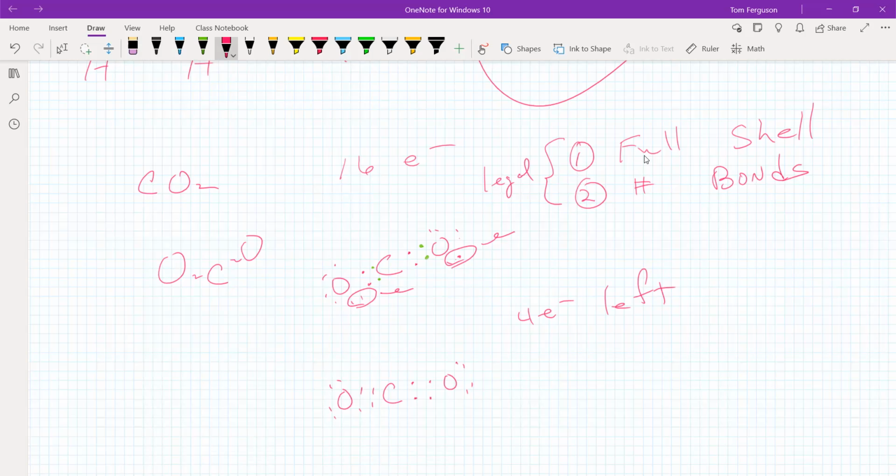We need to look at full shells. Oxygen has 8, carbon has 8, oxygen has 8. Bonding: oxygen needs 2 bonds, 2 bonds, 2 bonds. Carbon needs 4 bonds, 2 and 2 is 4. So this is a legal Lewis structure. Remember, it's got to fulfill both of those requirements.